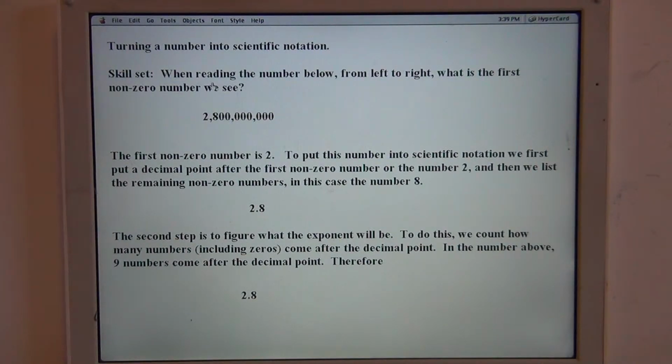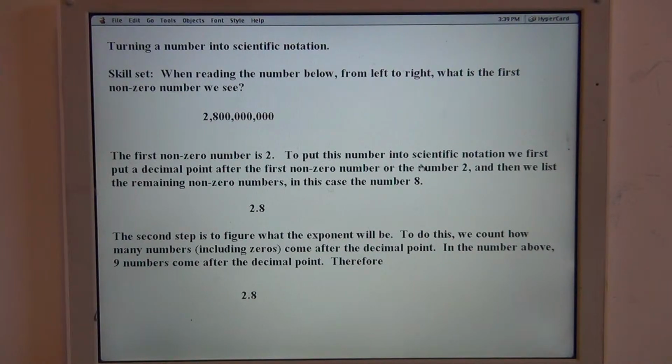The first thing you do when you're given a big number like this, reading the number from left to right, is ask yourself, what is the first non-zero number that you see? Reading from left to right, the first non-zero number is 2.